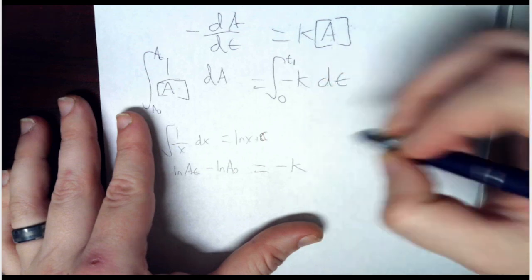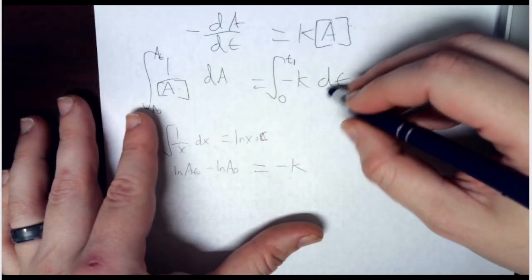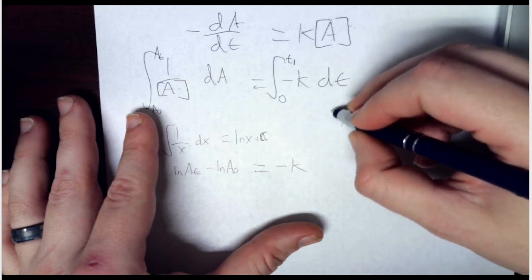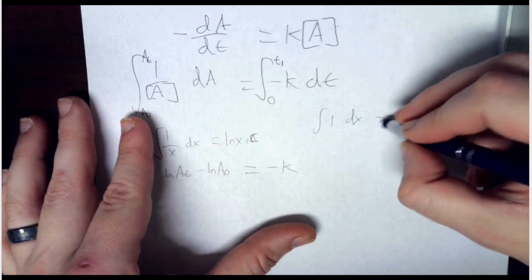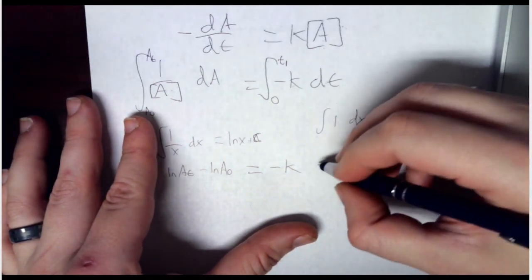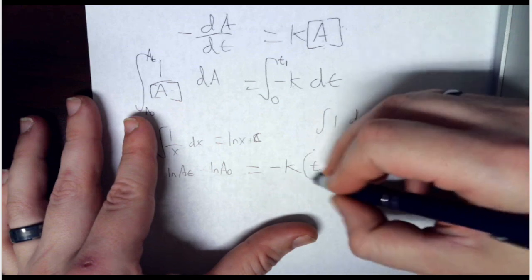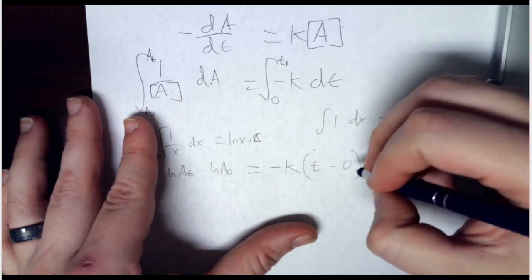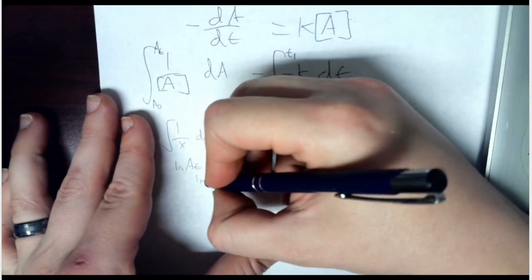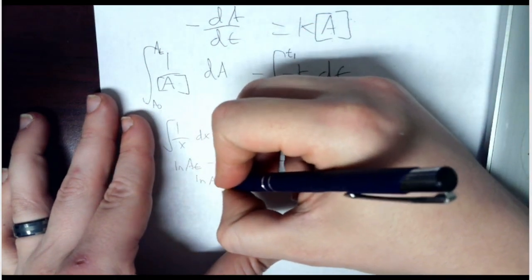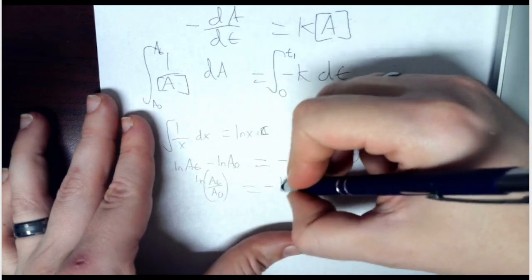The k is a constant, so that falls out. The integral of dt is just t, so we get t minus t at time 0, which is just 0. So our equation simplifies to ln of A sub t over A sub 0 equals negative kt.